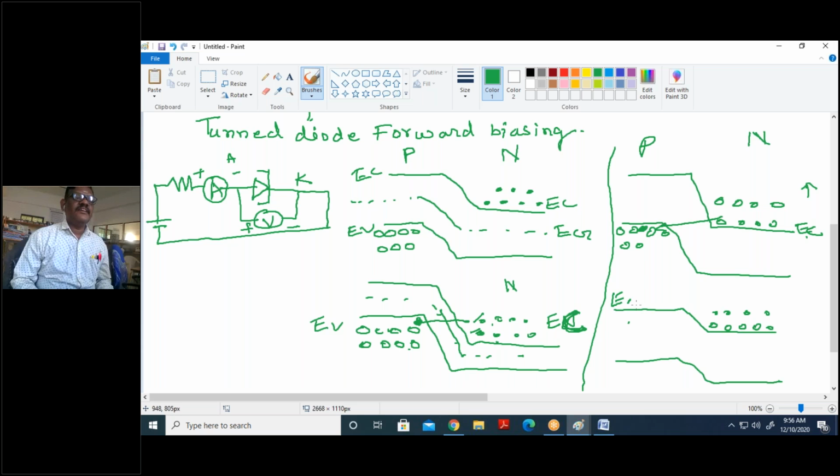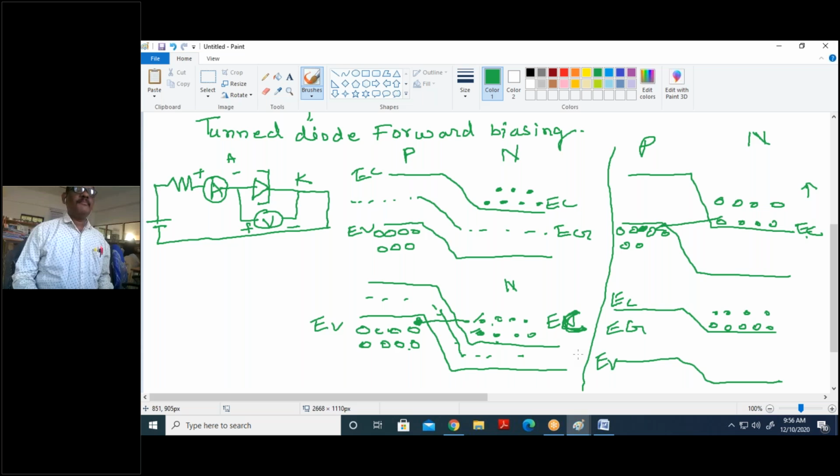This is EC, here EV, this is EG. So the current from millivolts to 0.1, 0.2 volts is going into decrease.